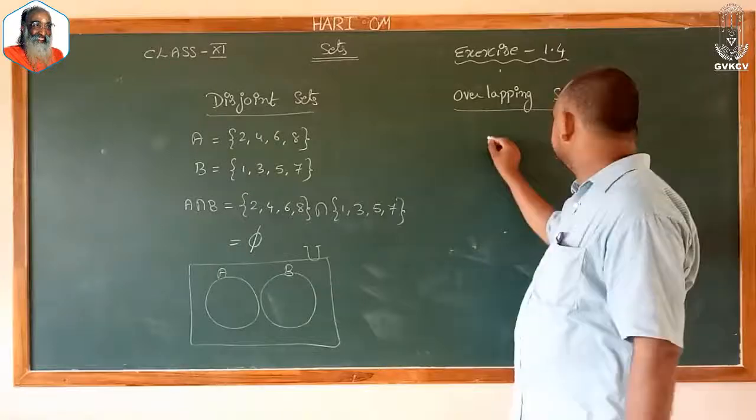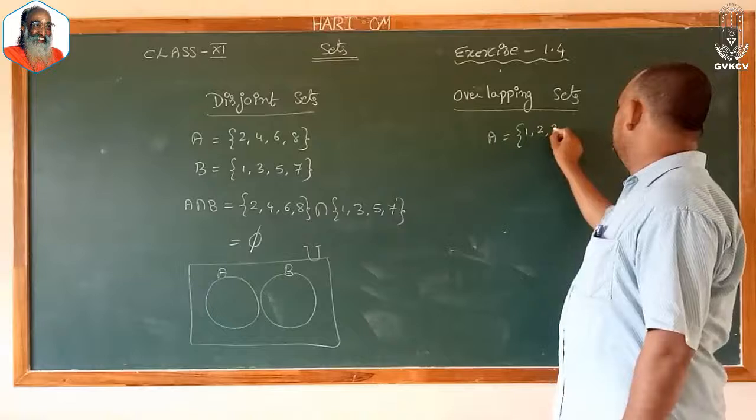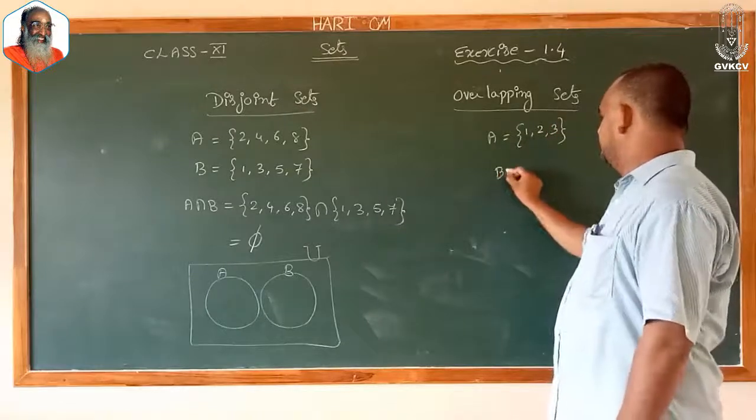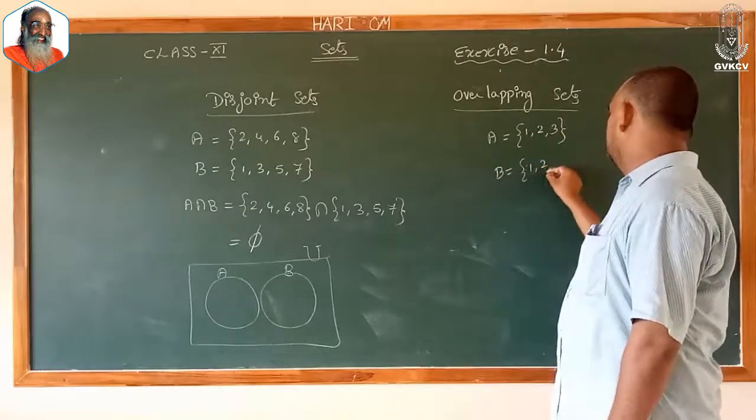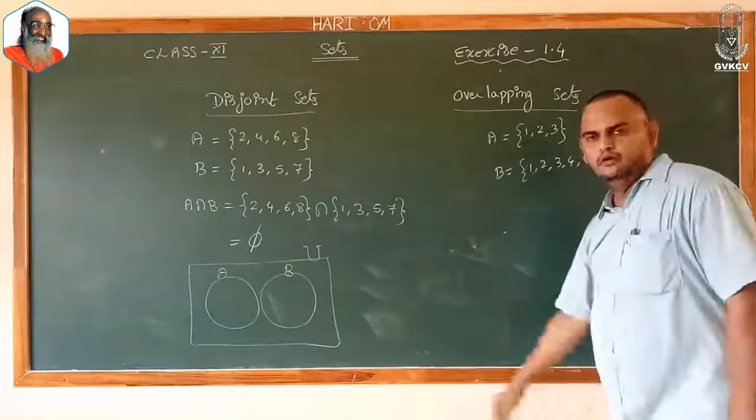Overlapping means, in set A, I have 1, 2, 3. In set B, I have 1, 2, 3, 4, 5.